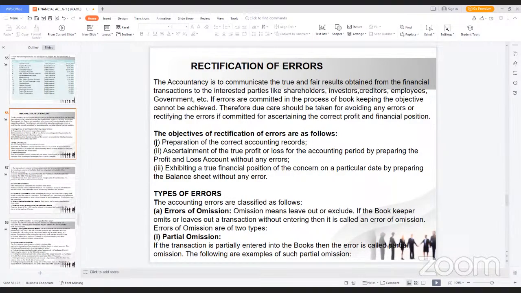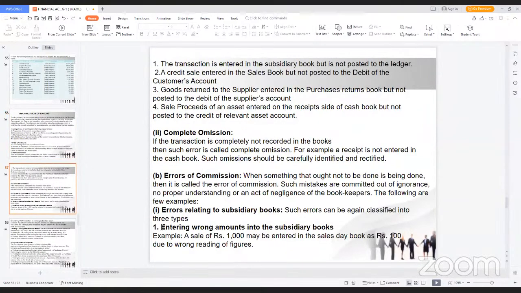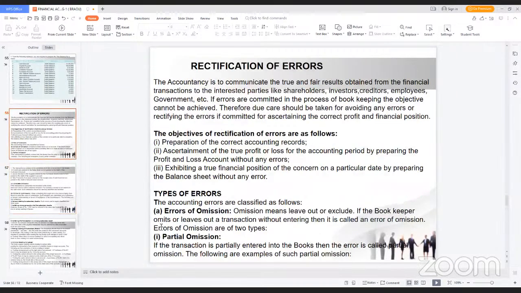And in this omission also you have two types: one is partial, the other complete. Partial means only half of the part you will omit. Complete means you completely remove it. If the transaction is partially entered into the book, then the error is called partial omission.